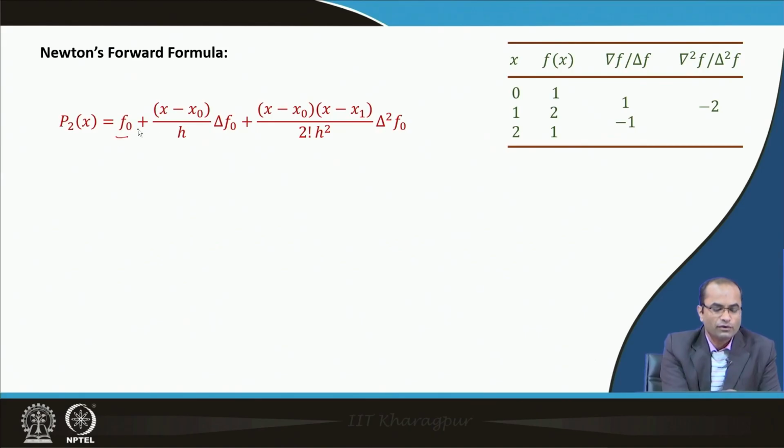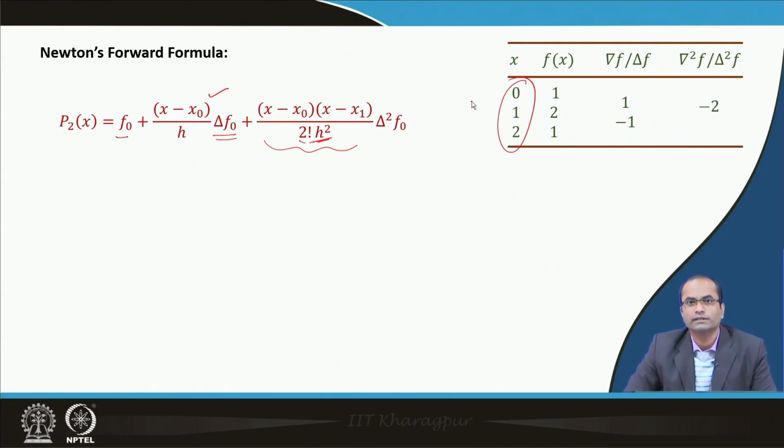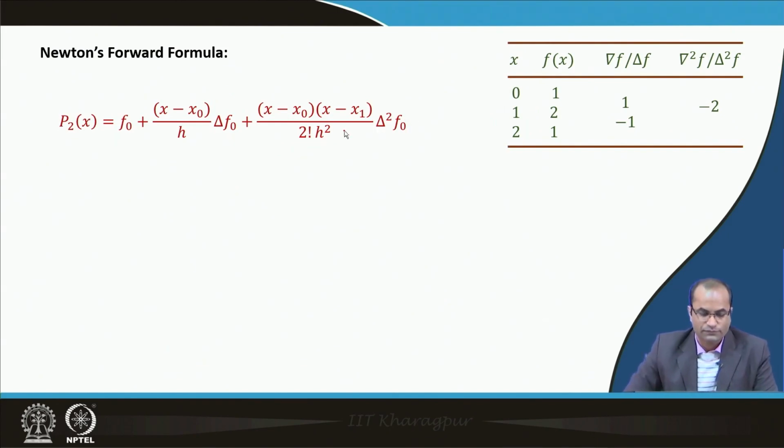So, here we have f naught plus x minus x naught over h times the first order difference delta f naught. Then we have the product x minus x naught, x minus x 1, divided by factorial 2 h square. h is 1 in our case, h is the distance which is equidistant and that distance is 1. And then we have the second order difference there.